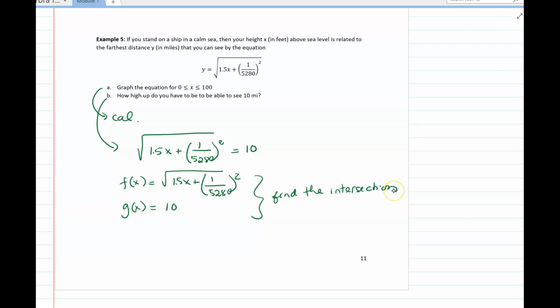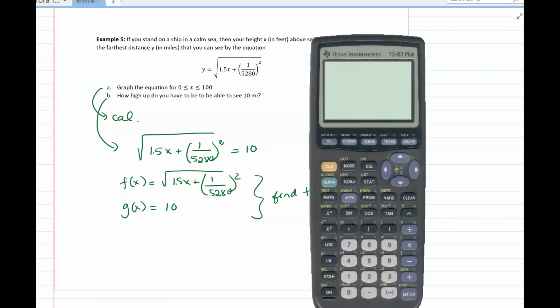So let's take a look at our graph and we'll find the intersection. And our second graph here is when it equals 10.